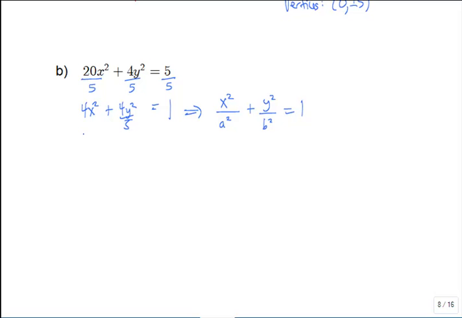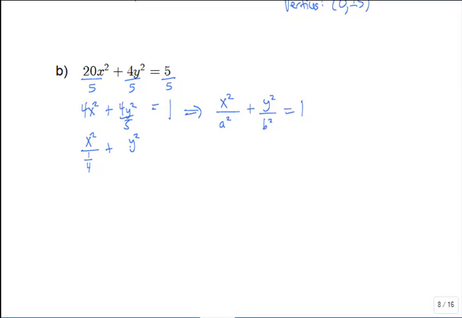Instead of multiplying by 4, we can divide by the reciprocal of 4. And the reciprocal of 4 is 1/4. So x squared divided by 1/4 means exactly the same thing as 4 times x squared, because you would just change this to its reciprocal and multiply instead of divide. Let's try that on this second one. We're going to do the same thing.